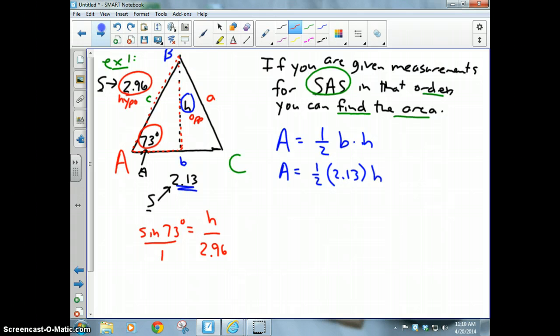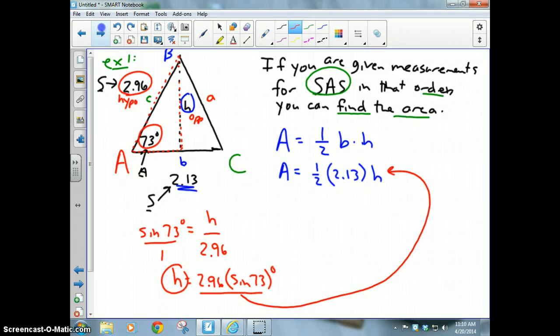Now, if I solve this and cross multiply, I end up getting h is equal to 2.96 times the sine of 73 degrees. That's what h equals. So I can take what I'm underlining in red and substitute it right in there for the letter h.